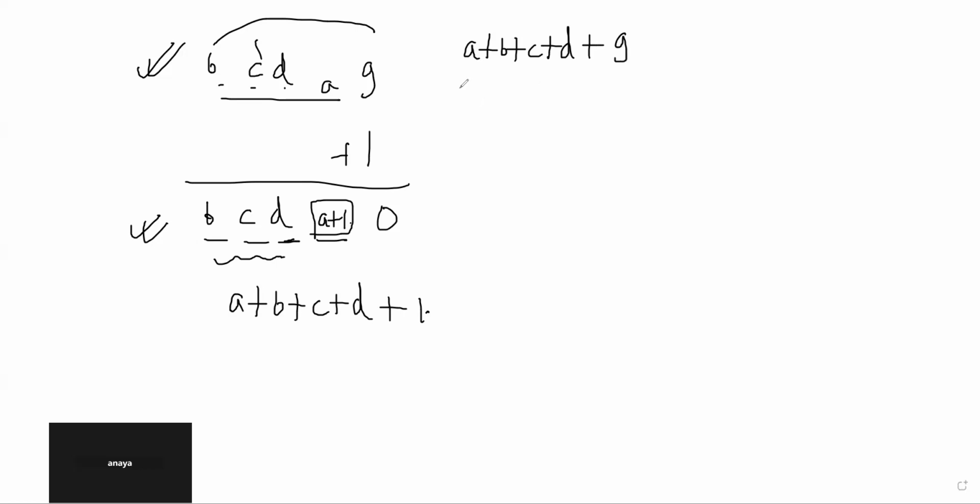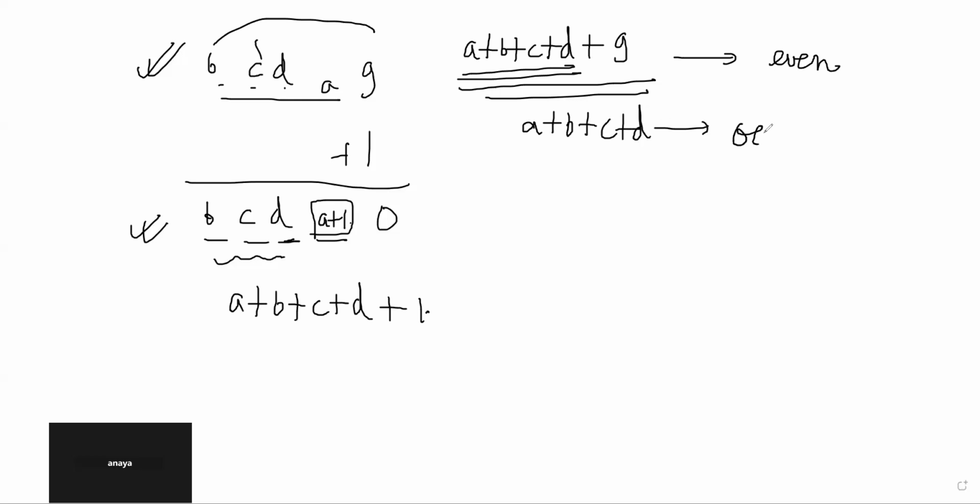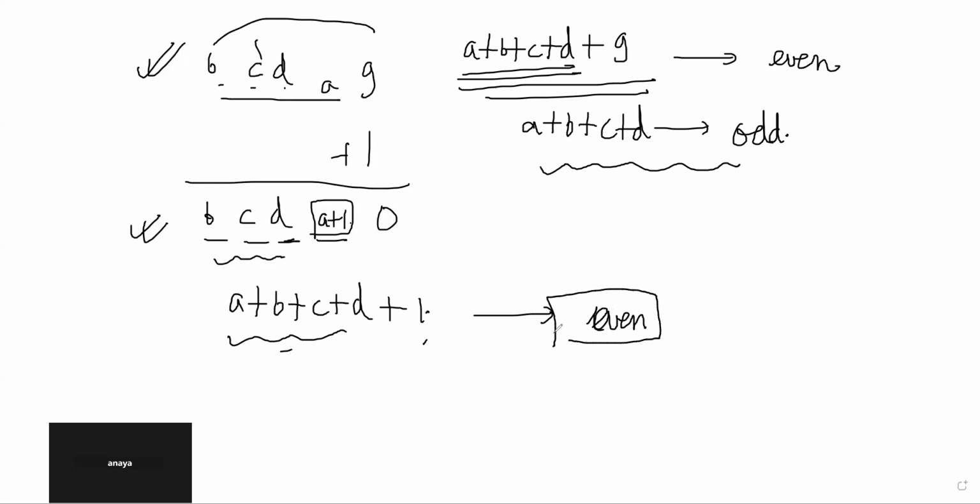Yeah. So if the old number was nice, this sum was even, which means A plus B plus C plus D was odd, right? So here also it is odd plus 1, so still even, right? Do you understand what I'm saying? Yes.